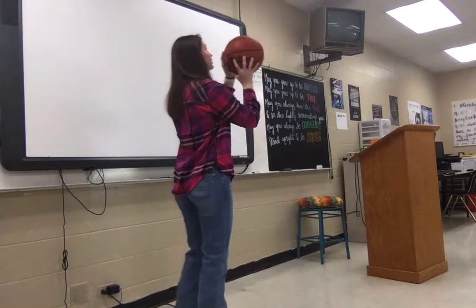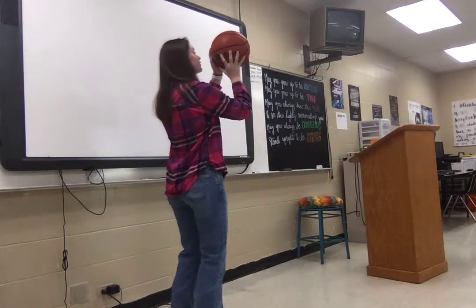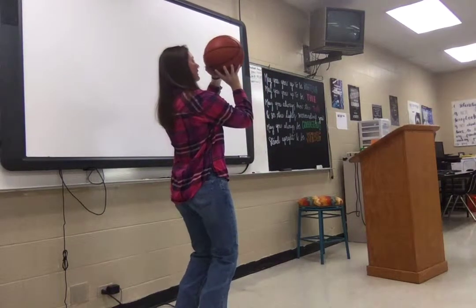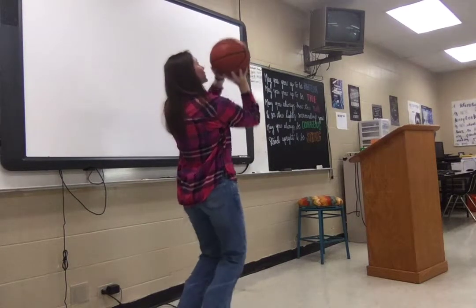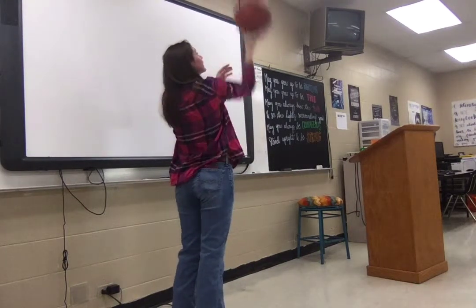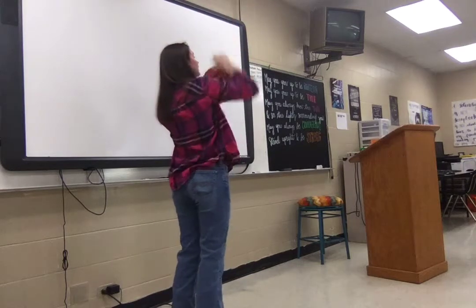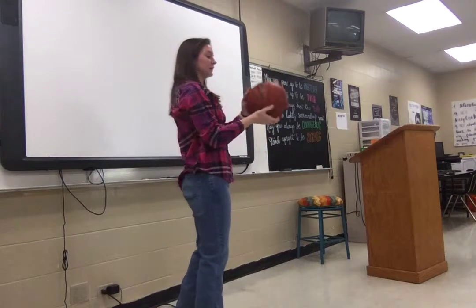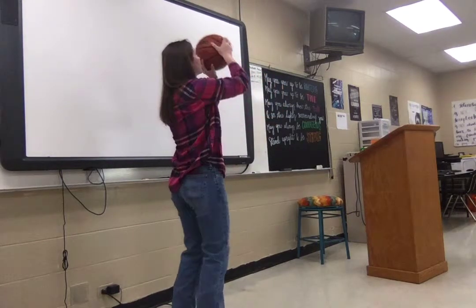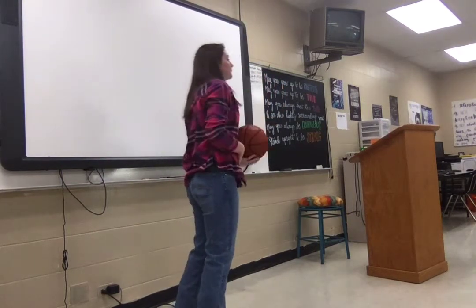Then when you shoot the ball, you bend your knees, have the ball right here, with your elbow like this. And then you go up, and the ball should flick. Like that. And the same thing left-handed. You put your left hand here, bend, and then it should flick.